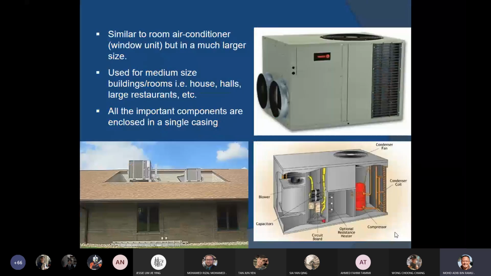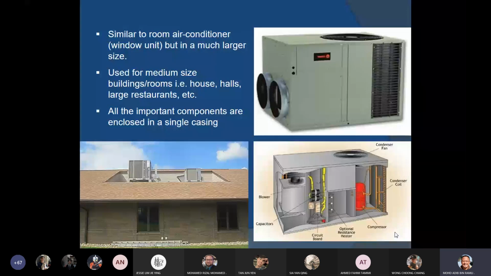Last week I mentioned that it's very important for you to understand how the refrigeration system and the air conditioning work, the basic principles, and what the components are. If you recall, the main components of an air conditioning system are the condenser, compressor, evaporator, and pipes to connect between the evaporator and the condenser.